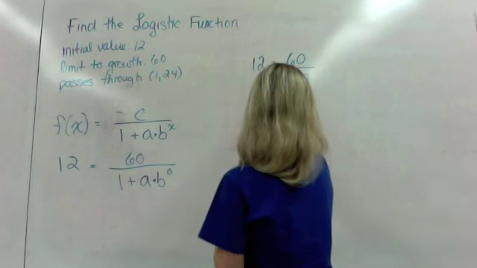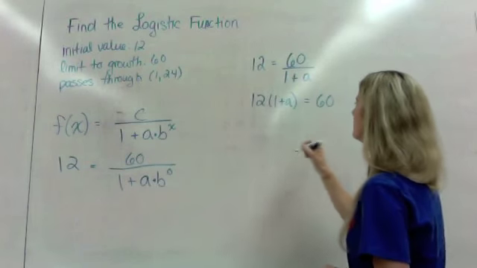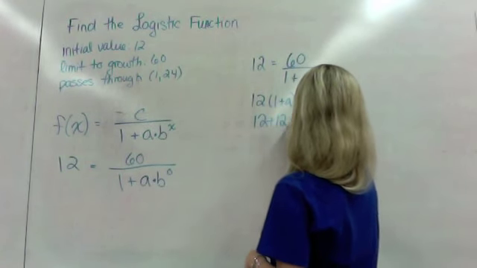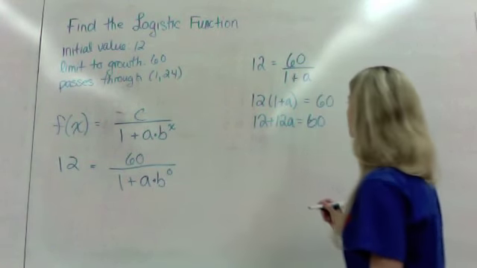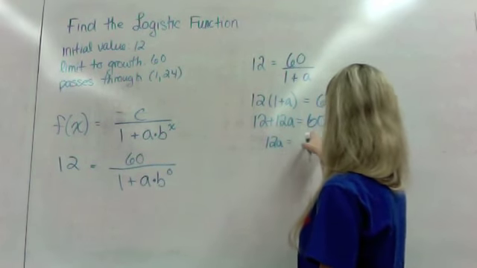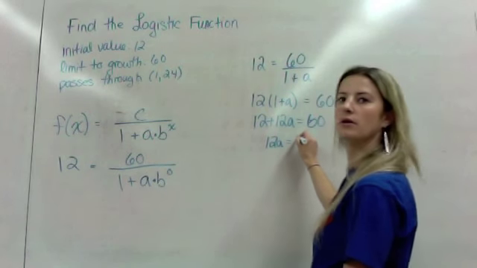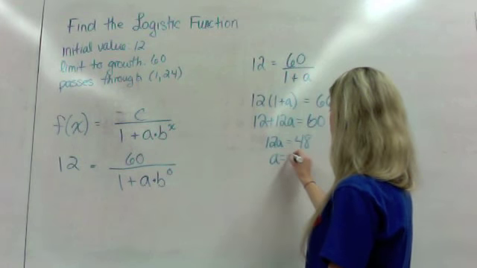We multiply both sides by 1 plus a, and that equals 60. Now we have 12 plus 12a equals 60. Subtract 12 from both sides, you have 12a equals what? 48. So you have a equals what? 4.